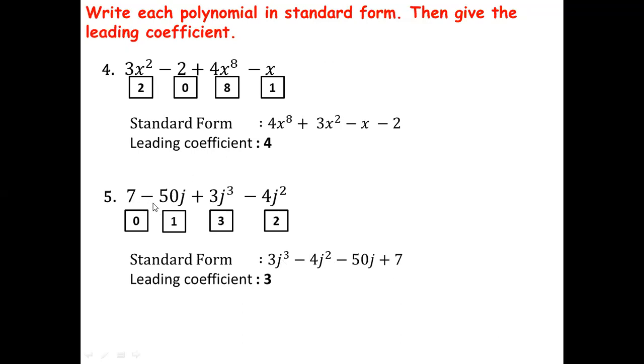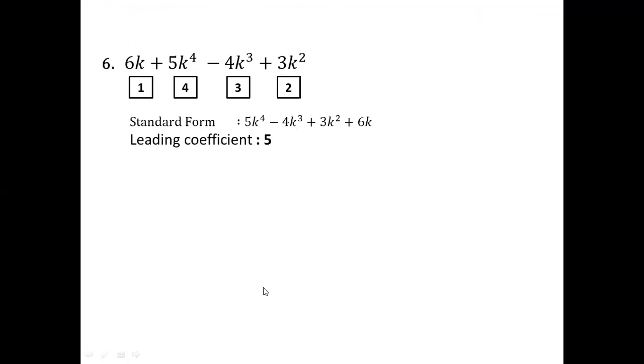You have to be careful about these signs as the sign which is in front of a number belongs to that. Okay, so what about the leading coefficient? The first term, which is leading, the first term in the standard form, what is the first term? That's 3j cubed. So the number which is there is 3. So the leading coefficient is 3.